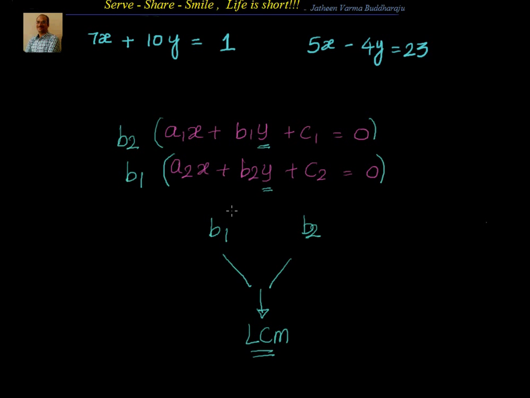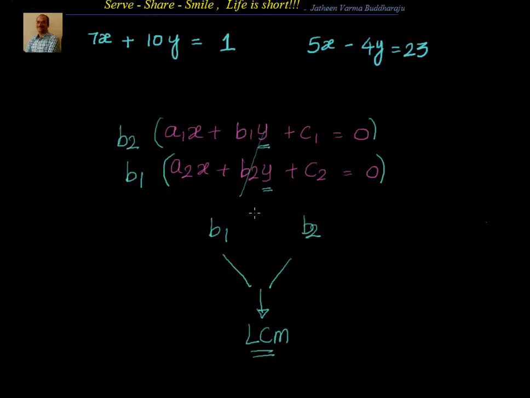Now once we go there, we will subtract them, because we have the same sign here. We subtract, that will cancel y, then you will directly find the value of x. So that is the approach which we will be following.